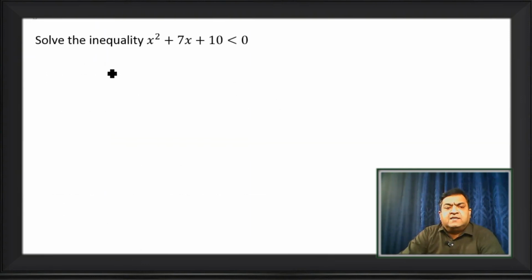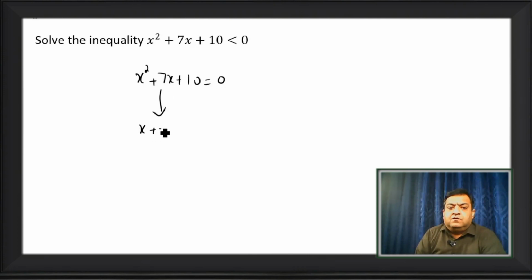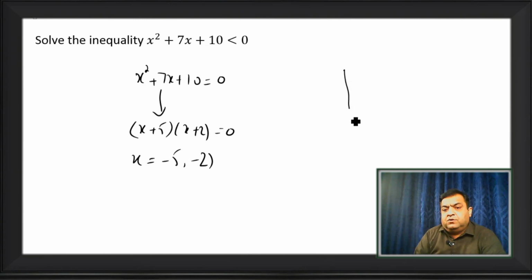Another example from lesson number 4, we are given a quadratic inequality. We will form the equation to solve it and get these two factors. So we have two values, -5 and -2. The coefficient of x² is positive.